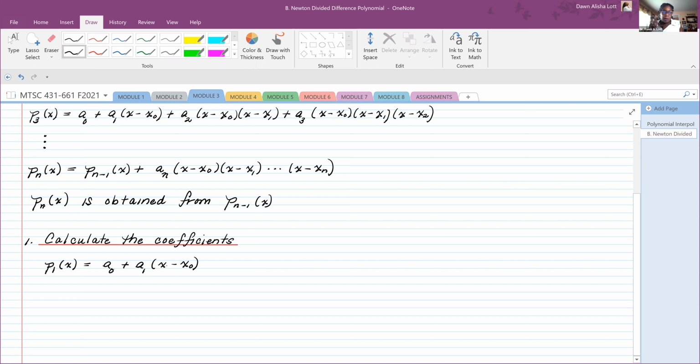Okay, now we know that Y0 is F of X0. Again, we are given a set of points Xi, Yi, i equals 0 to n. So Y0 is F of X0.